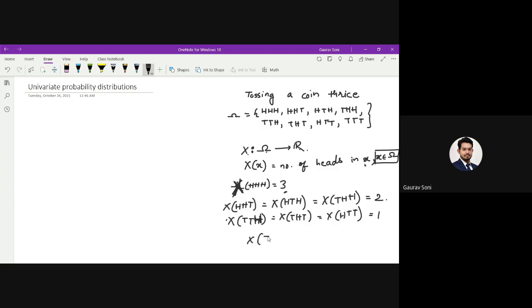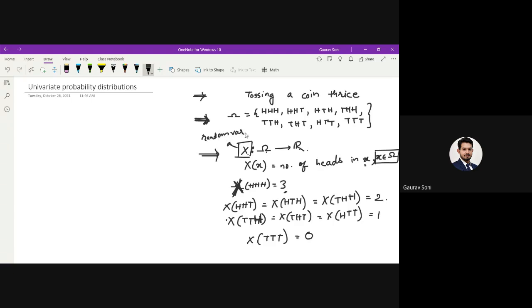The last element remaining is TTT. What is this? This is going to be 0, right? So I started with an experiment. I have a sample space, right? Then I have defined a random variable. This function that I have defined is called the random variable.